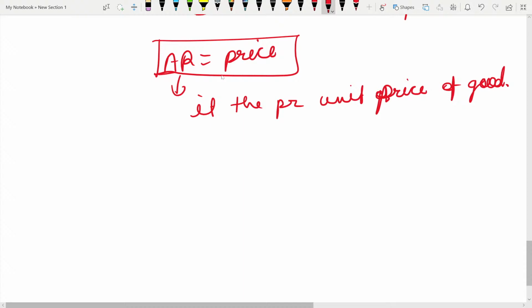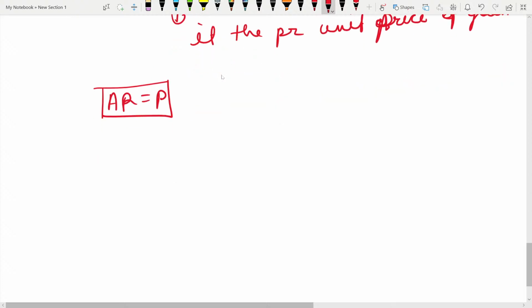Now, one question may be wondering in your mind: how is AR just equal to price? Let me explain this. AR is equal to TR upon Q, as we all know, this is the formula of average revenue.